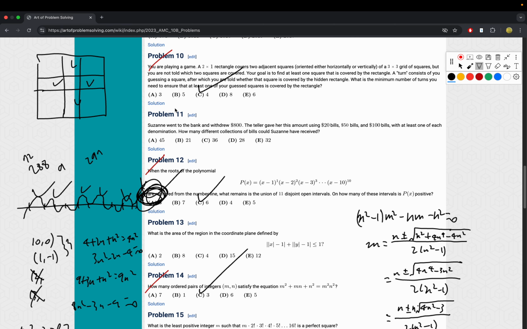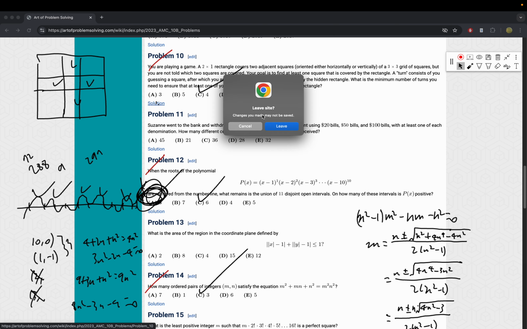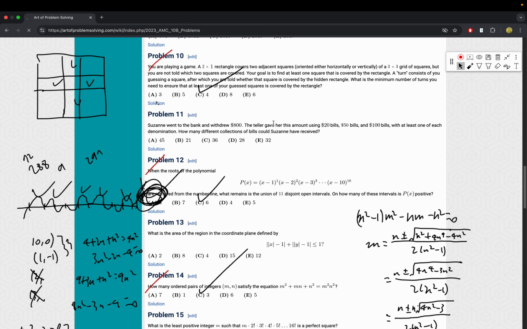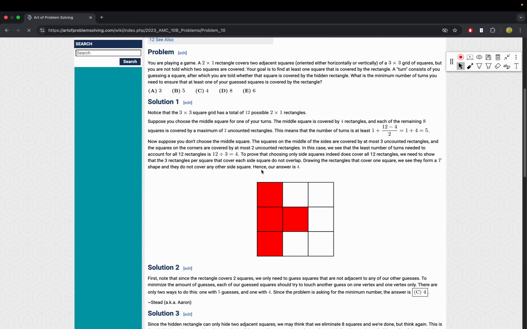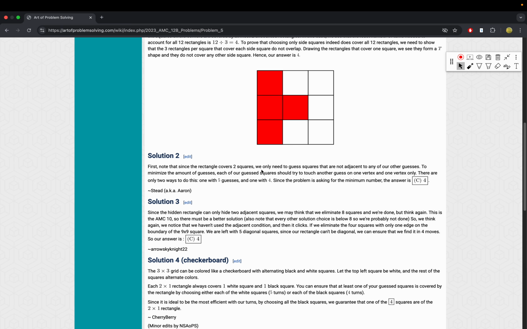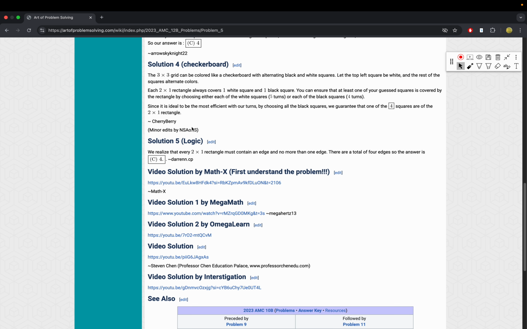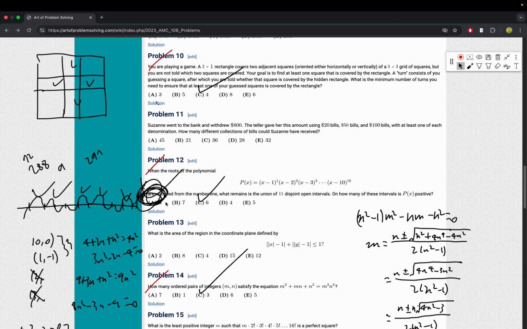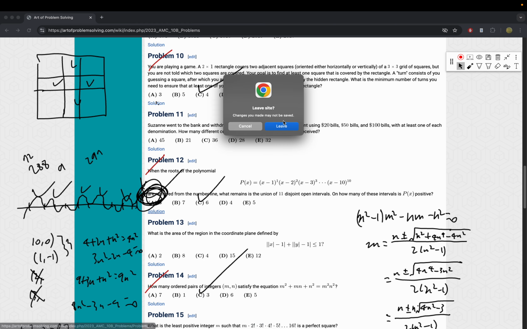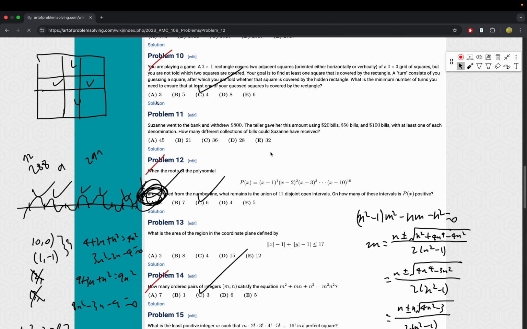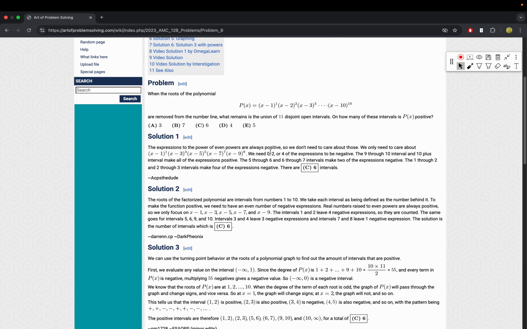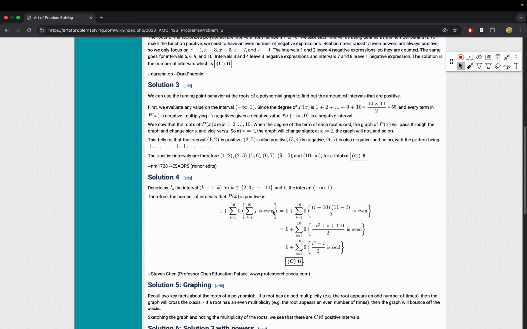We got C, C, oh, C, C, C. Oh, oops. Oh wait, what? Oh, checkerboard, here. Yeah, I didn't count some.